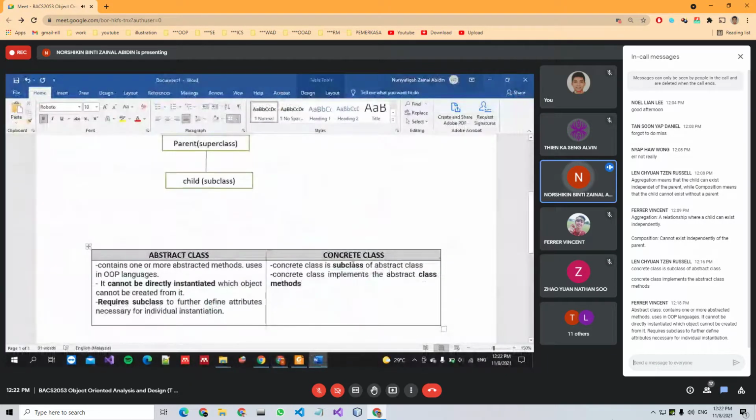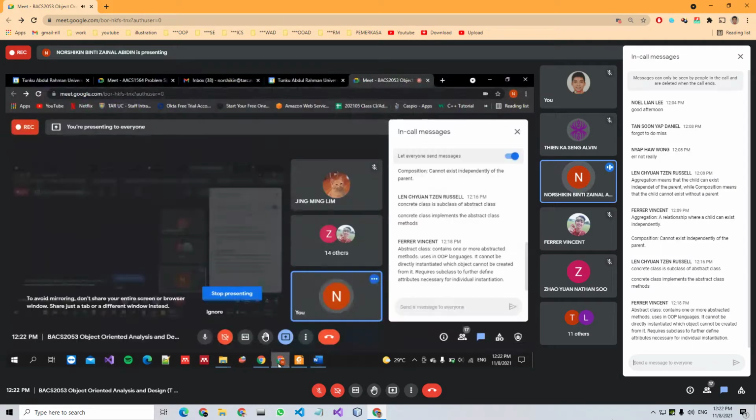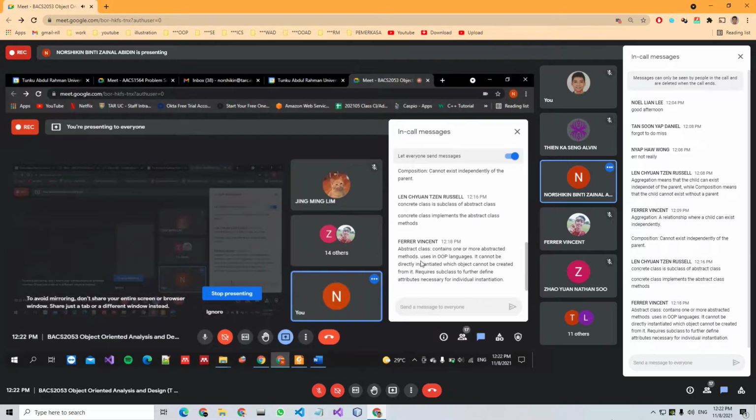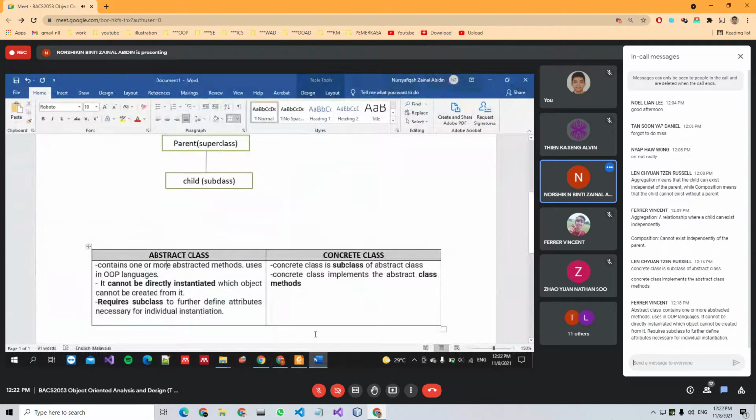If you say that this concrete class should implement the abstract class method, how can you explain what a class method is, that relates to the concrete class, and how do you relate it with the abstract class? That means they implement the abstract class method of this one.